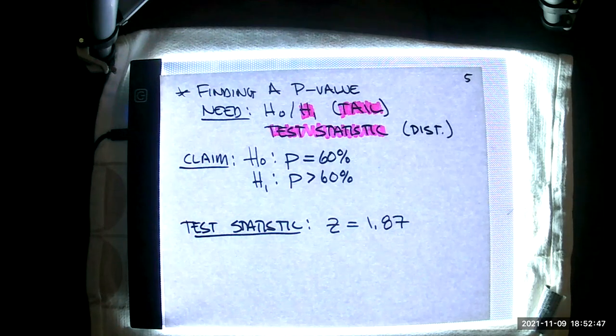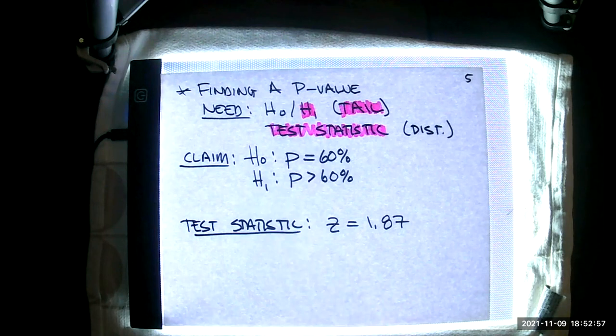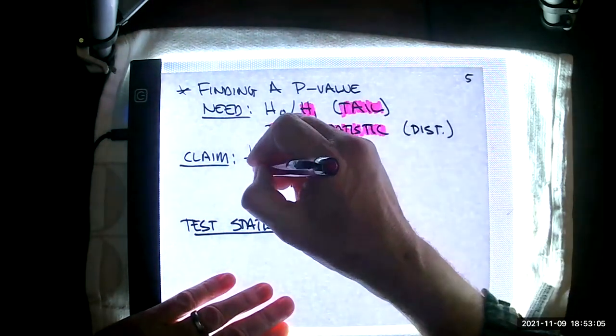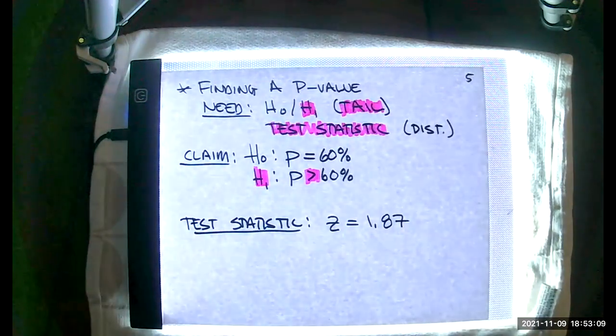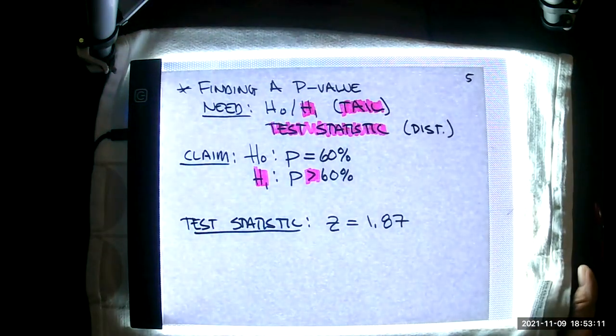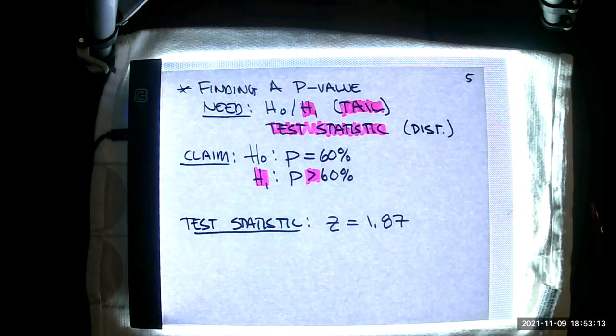So having said that, my claim here is that my population proportion is equal to 60%. My alternative hypothesis is that P is greater than 60%. Don't worry about where this came from. It's my simple example. And again, I want the alternative because I'm interested in that particular alternative hypothesis.